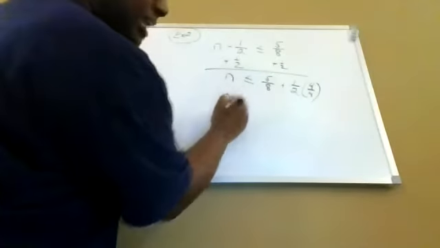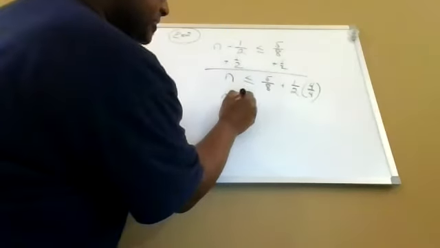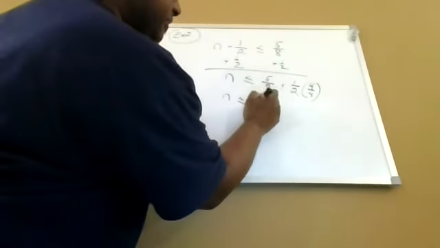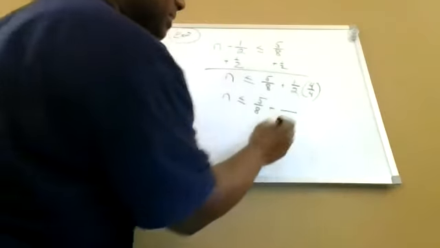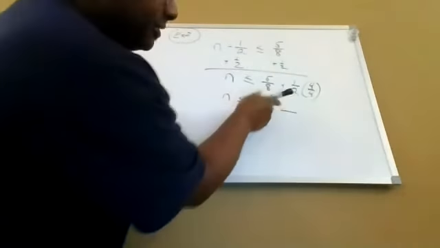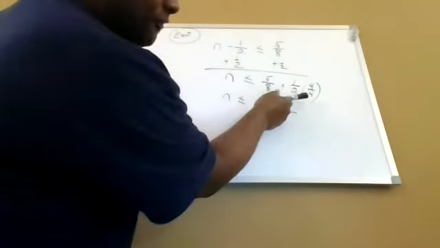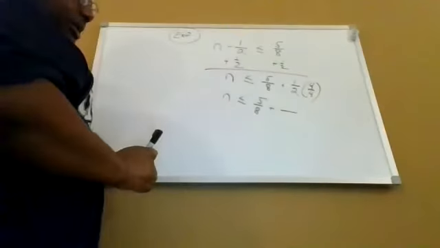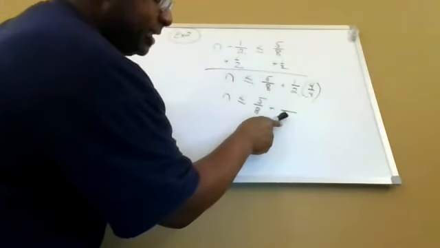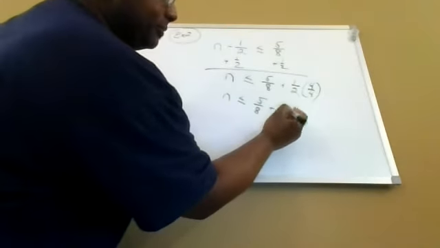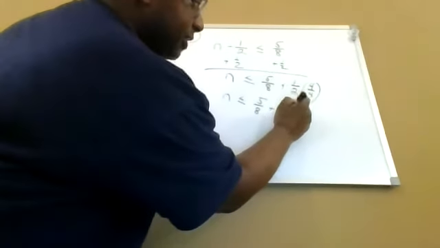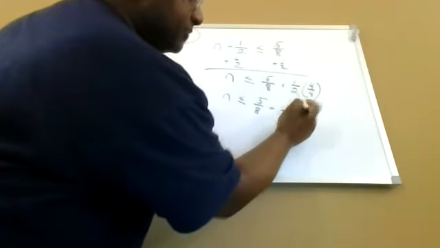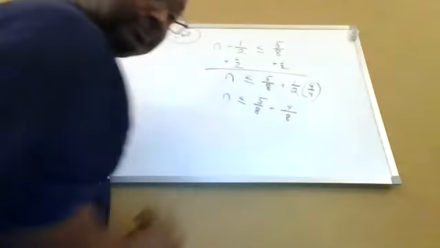So now I have n is less than or equal to 5/8 plus, I multiply the 1/2 by the 4/4, so I'll have the same denominator. Well, my numerator first, 1 times 4 is 4, and then 2 times 4 is 8.